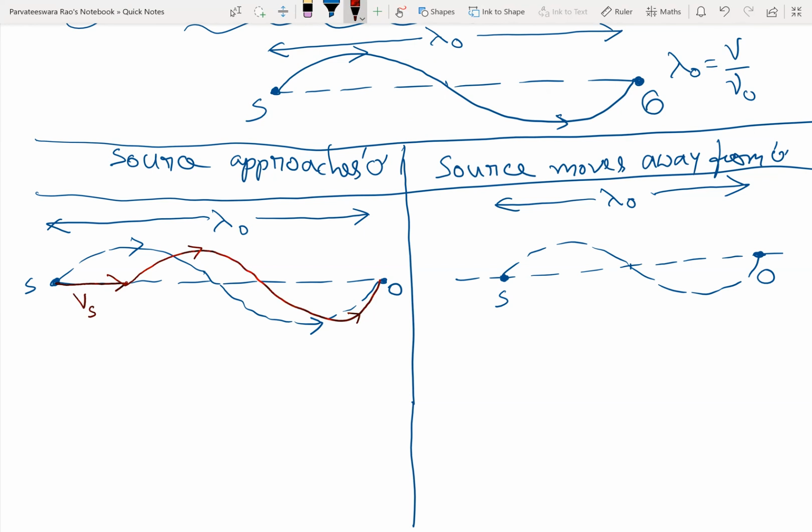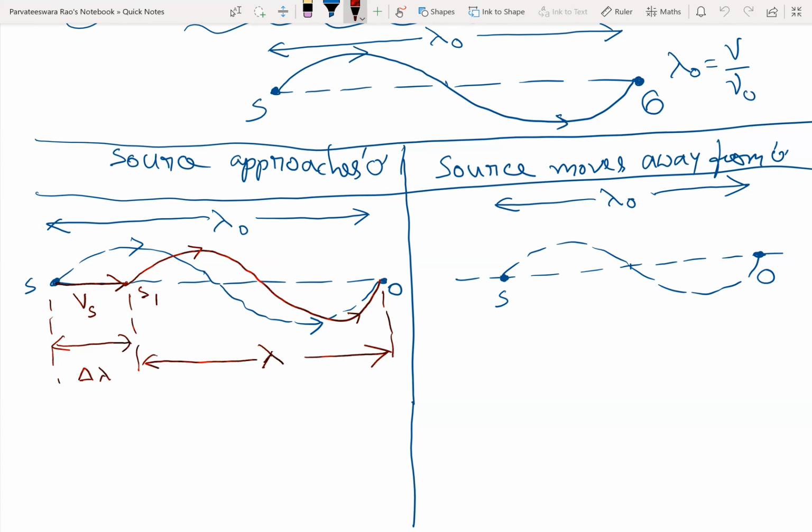Say in a unit time, let us suppose this distance is equal to lambda. So this, we call it S1. This is the decrease in wavelength of the waves reaching the observer when the source approaches the observer.